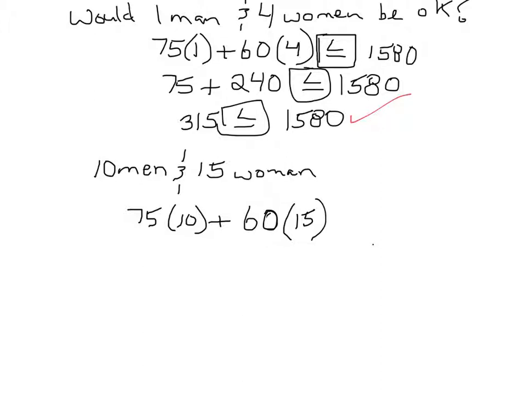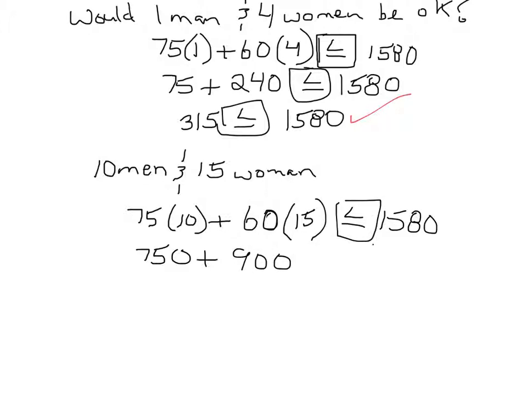At this point, we're going to do 75 times 10, which is 750, plus 60 times 15, which is going to be what? What's 60 times 15? 900. And we want to check if that is less than or equal to 1,580. 750 plus 900 is equal to 1,650.